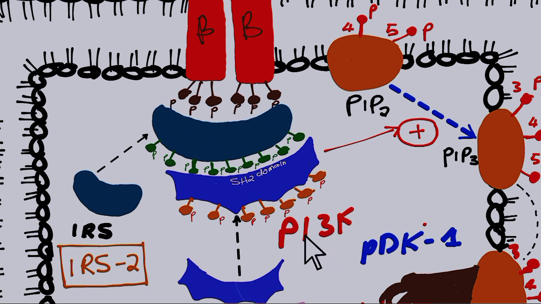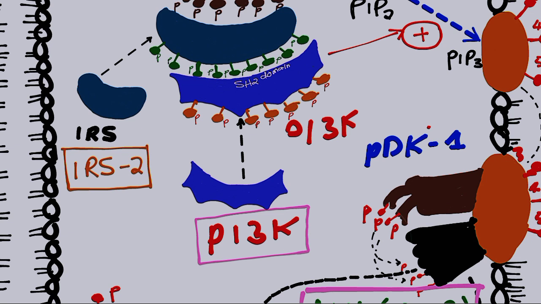PIP3 simply stands for phosphatidylinositol 3,4,5 triphosphate. So the conversion of PIP2 to PIP3 is catalyzed by PI3K, phosphatidylinositol 3 kinase.